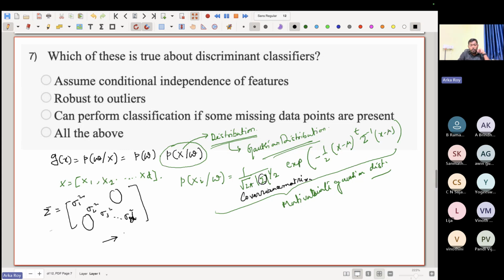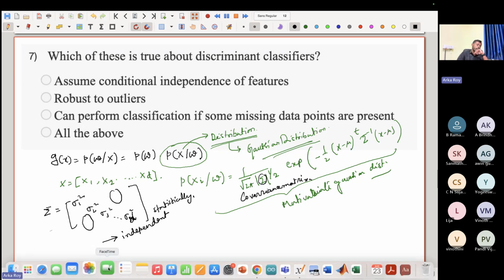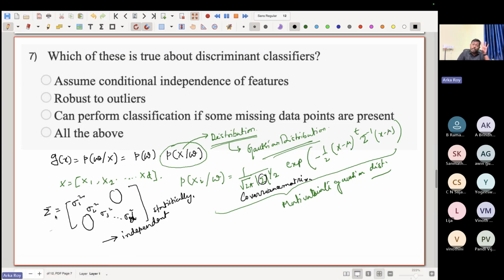This means that the features are statistically independent. This was one case of sigma.